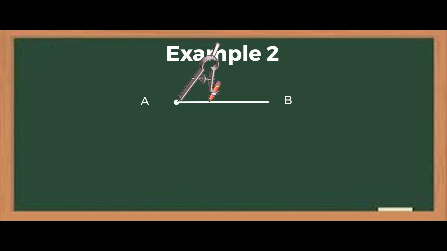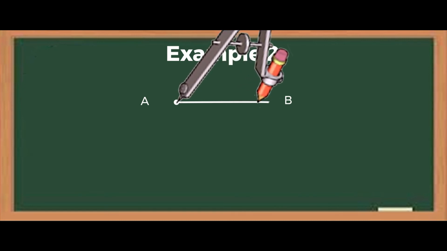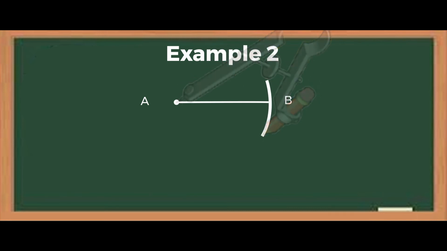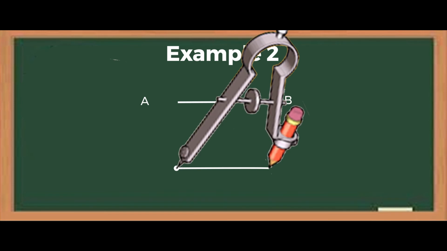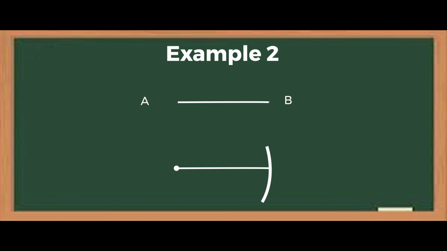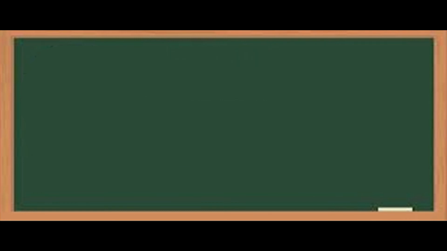Stretch the compass so that the pencil is exactly on B. Make a small arc through B. This small arc will show that you measured the length of the segment with your compass. Without changing the span of the compass, place the compass point on the starting point or dot on the reference line and swing the pencil to create an arc crossing the reference line. Label your work. So this is what a congruent line actually is.